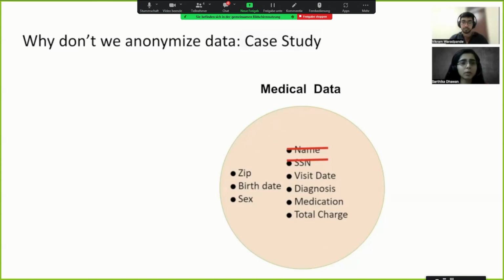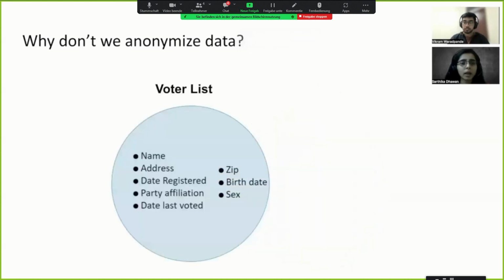Consider a hospital maintaining datasets of its patients, and the dataset has these attributes. So for each patient, all these attributes are stored in that dataset. Let's assume that we have redacted name and SSN, which are private to each patient, to anonymize the dataset. Now there is a possibility that from the publicly available datasets, there might be some dataset with common information.